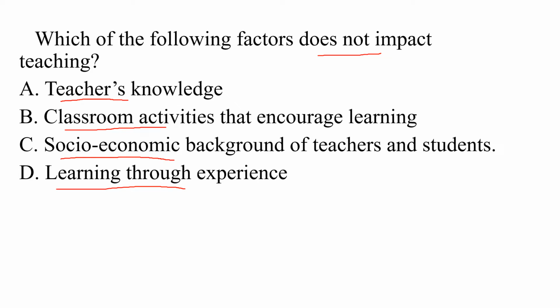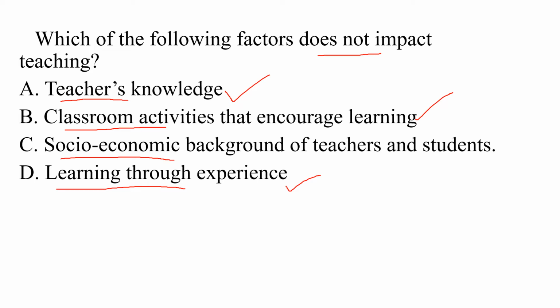So here the teacher knowledge will yes affect, or will create an impact on, the teaching, right? The classroom activity will also create an impact on the teaching, and learning through experience will also create an impact on the teaching. But the socio-economic background of the teacher and the student will not have that impact on the teaching. Why?